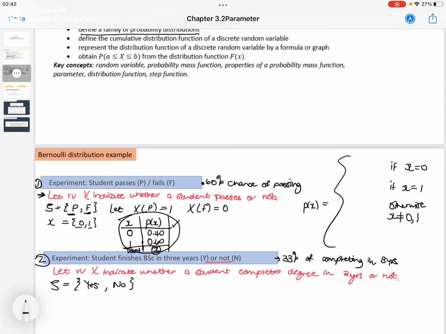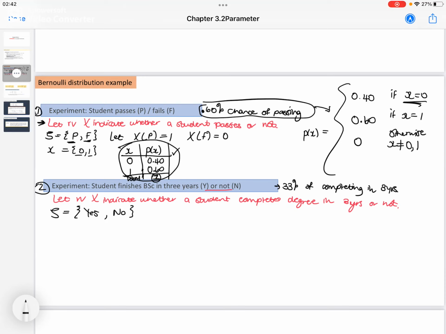The probability of x equal to 0 is given as 0.4. The probability that a student would pass the test or assignment is given as 0.6. And the probability that x is equal to 2 or 3 or 16 or 8 or 2.5 or something like that is equal to 0. From just this information, we can define the PMF of a Bernoulli probability distribution.